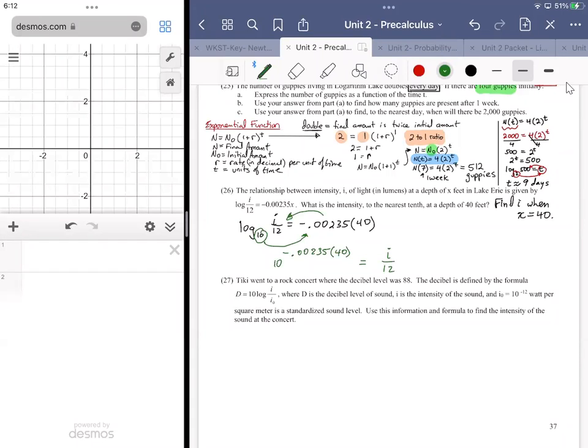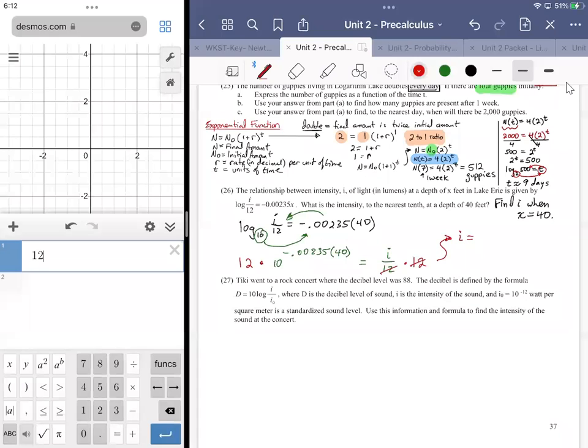And that'll be equal to I over 12. Then if I want to get the I alone, all I'd have to do is multiply both sides by 12. So what I'm going to do is cancel, and pop all this into Desmos.